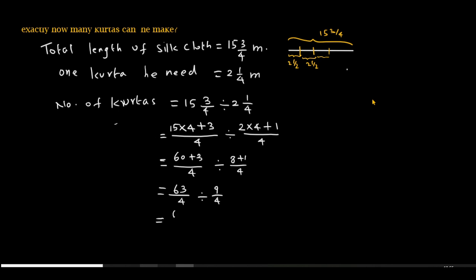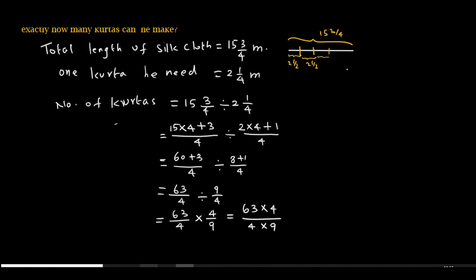For that, the first fraction stays as it is, change the division symbol into multiplication, and change the next fraction into its reciprocal. Now cancel. How many times can we cancel? Because a common table is there. Or else you can write it like this also, if it is easy for you: 63 into 4 divided by 4 into 9.